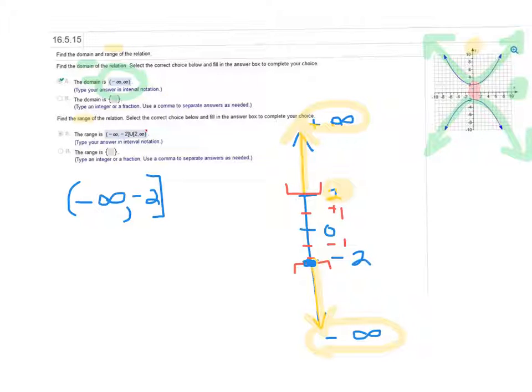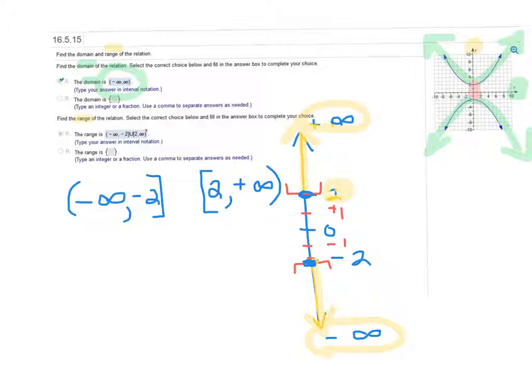And then the other piece of the range begins at +2 and goes on to positive infinity. And you don't necessarily have to put the positive sign, but I put it there just for the emphasis.